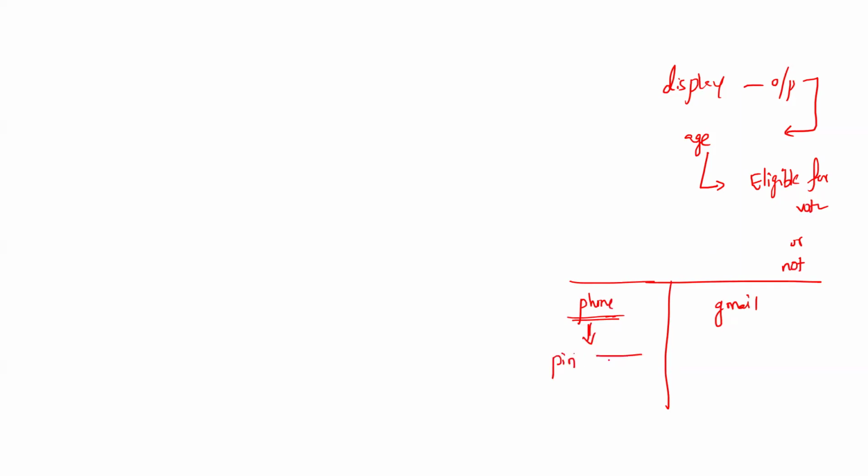Let me take only the PIN scenario. There is a 4-digit PIN which we have to enter. Just any 4-digit number, will it allow? No. We have to enter the correct PIN which we have set before. Then only are we allowed to open the phone and use it, right? So here, we are checking a condition.